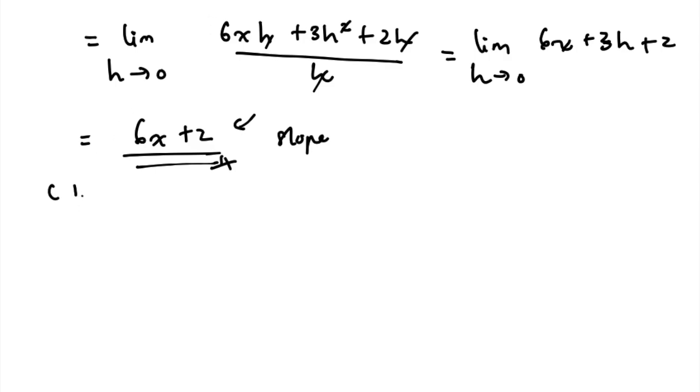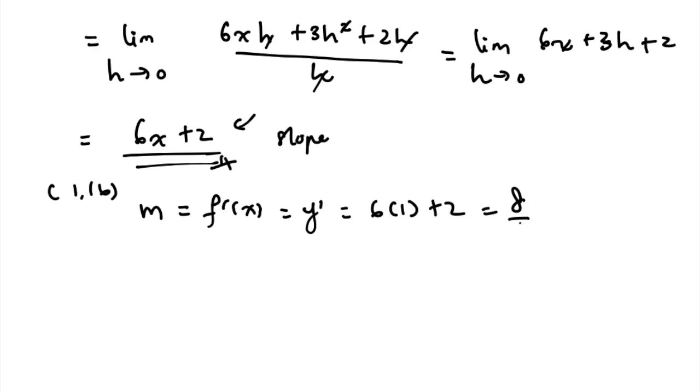So the slope here, or f prime x or y prime, is actually, you substitute x equivalent to 1 into this derivative, and then plus 2, and then you get 8. So that's the answer for B. So I have answered question B.